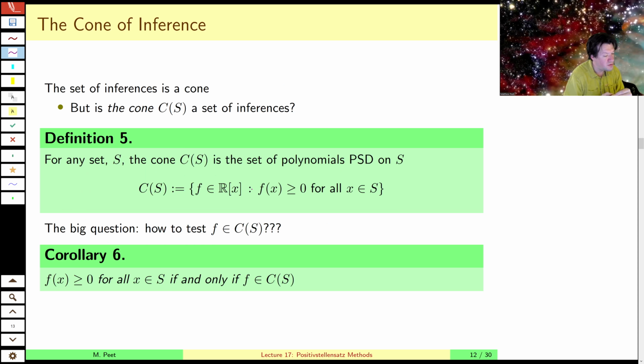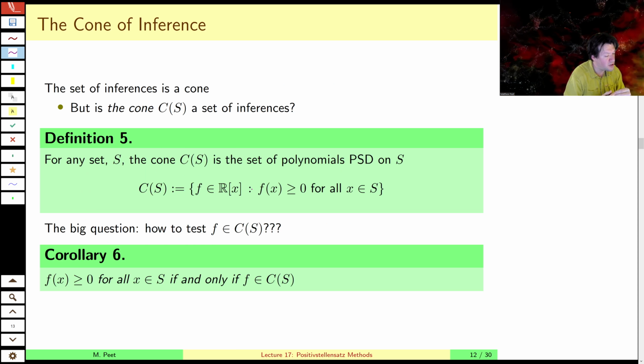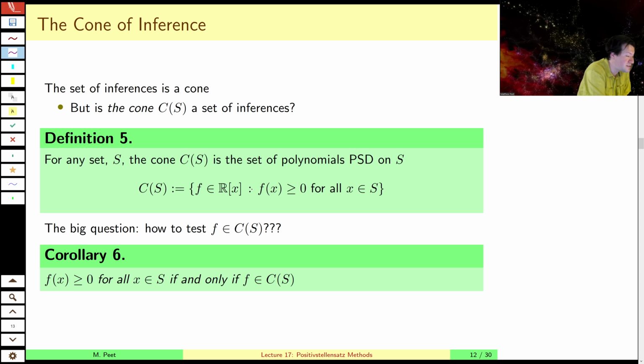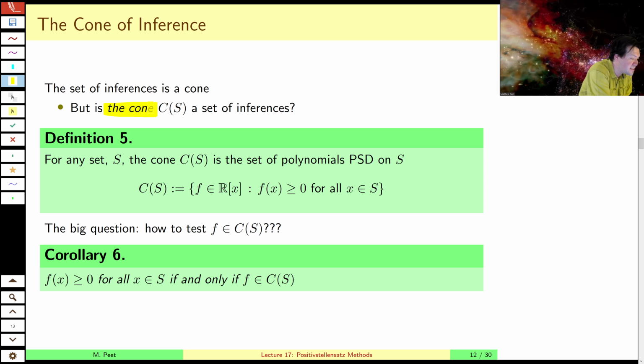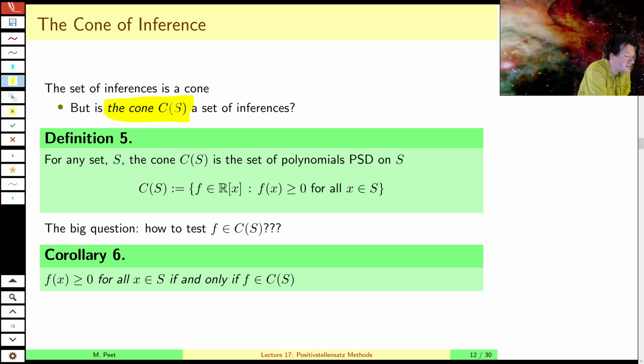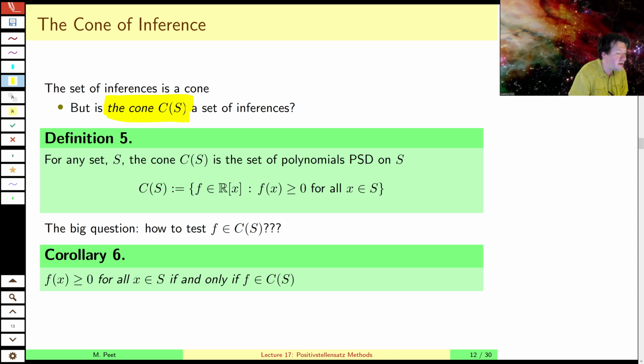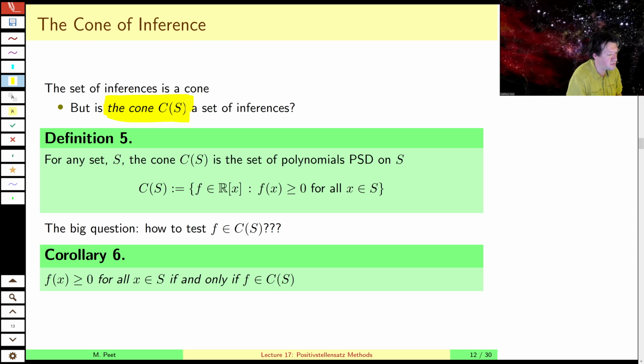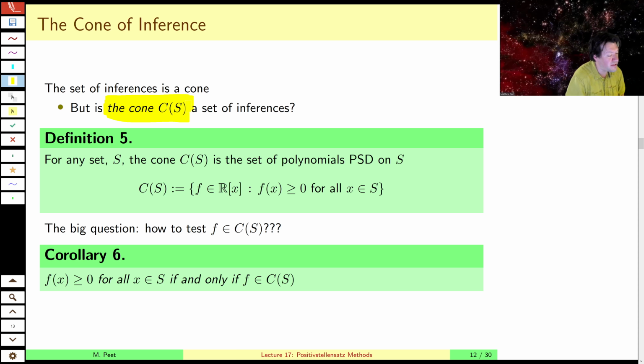So now we consider the cone, which is a cone, but we call it the cone. I don't know if you can see it, this is italicized. The cone, C of S. Right? It is a cone, but it's broad. It's not just any cone. It's the cone, right?